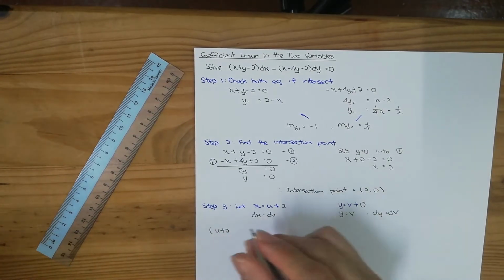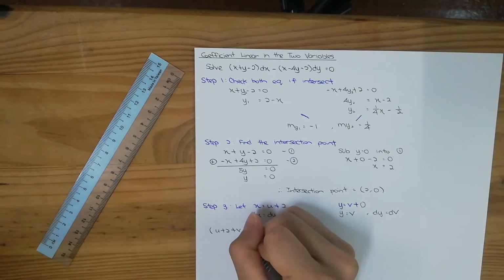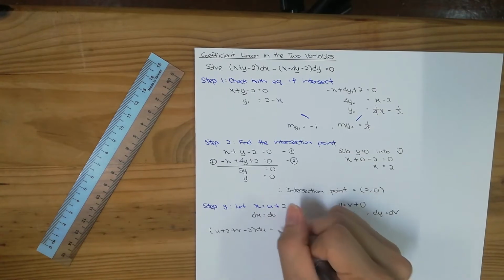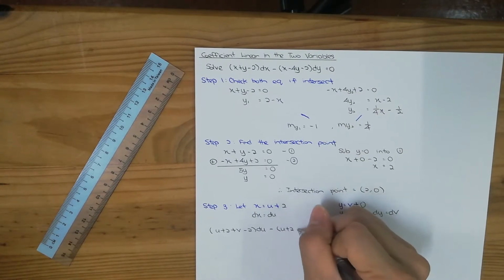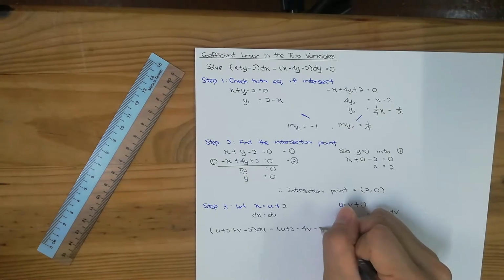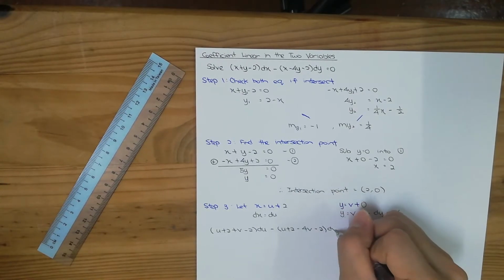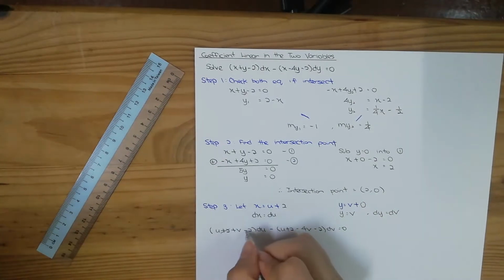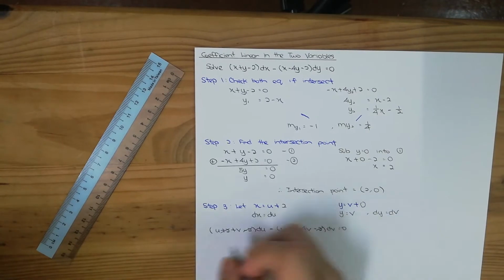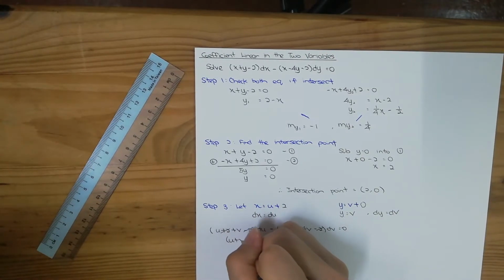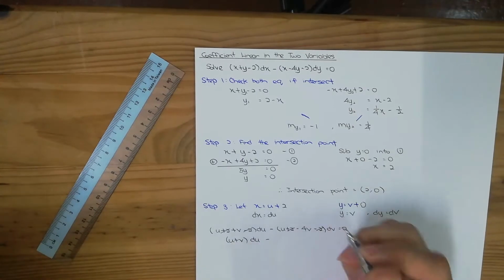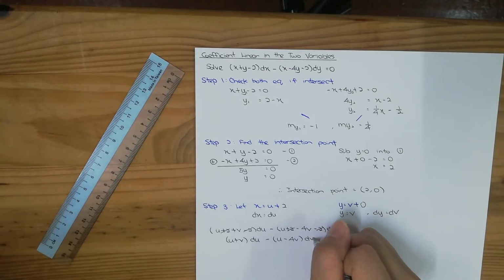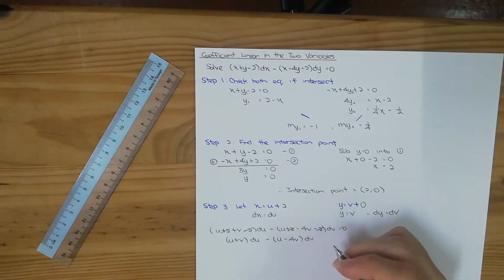So (u + 2 + v - 2) du - (u + 2 - 4v - 2) dv = 0. We simplify it. Here we can cancel out, here we can cancel out. So we get (u + v) du - (u - 4v) dv = 0.